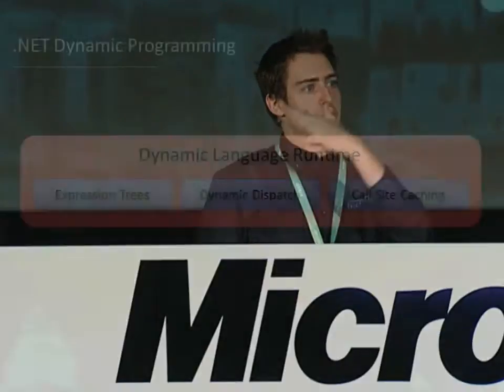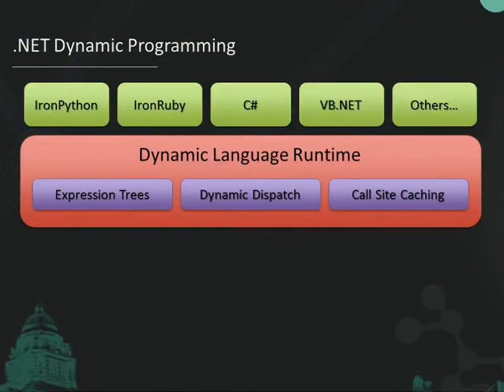So what do we have in the package for the DLR, the dynamic language runtime in .NET 4, is all the facilities at the runtime level, and again it's painted in red, which means it's close to the metal. It's something that realistically you don't have to care about that much. It contains expression trees, dynamic dispatch, and call site caching, which is a way to optimize those instructions. On top of that, we have a lot of languages, including C# and VB, but also the prominent dynamically typed ones, including Python and Ruby, for example.